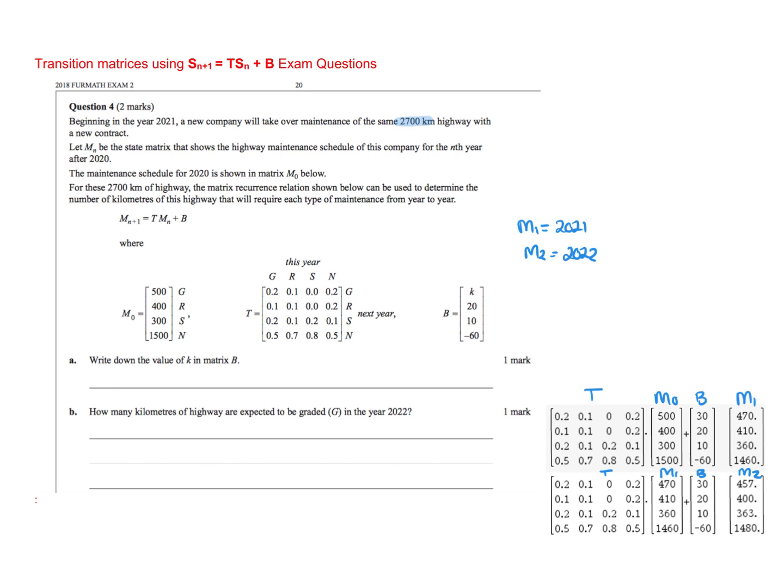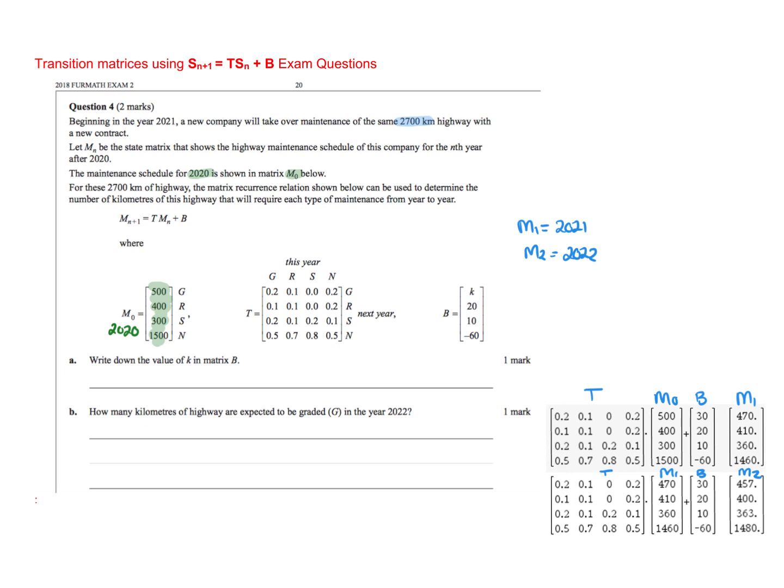So it said that. Now it says the maintenance schedule for 2020 is shown below in M0. So that's 2020. Sometimes you might want to write under the question, that's the year 2020, because they're not using S, they're using M. That's okay, we can keep going.